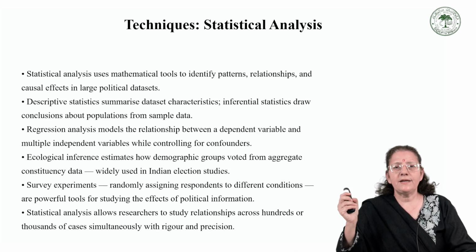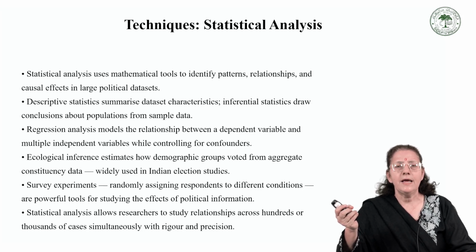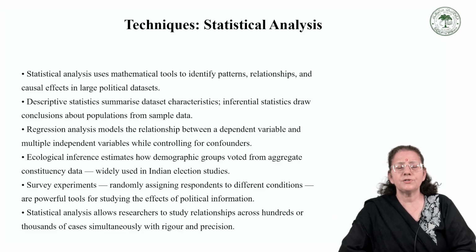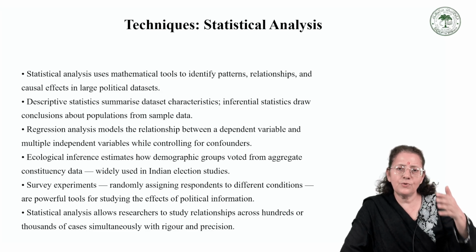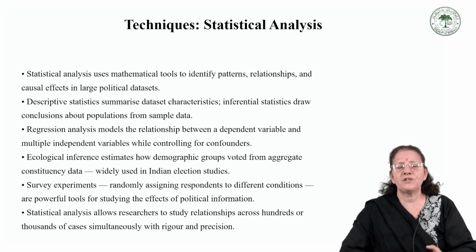The third major technique is statistical analysis, the use of mathematical tools to identify patterns, relationships, and causal effects in political data. Statistical analysis allows a researcher to study large data sets involving many cases and many variables simultaneously, to control for confounding factors, and to estimate the magnitude and significance of relationships between variables.